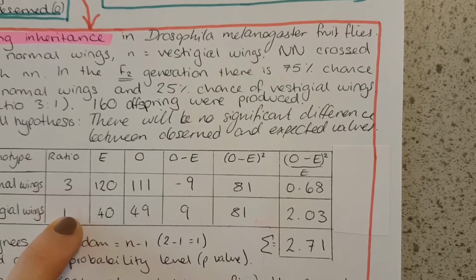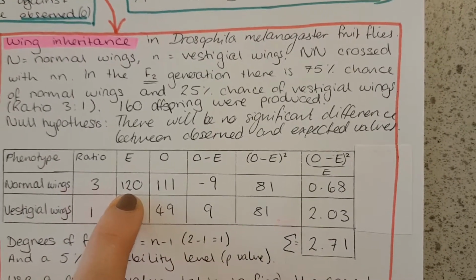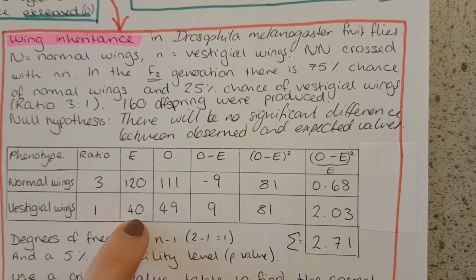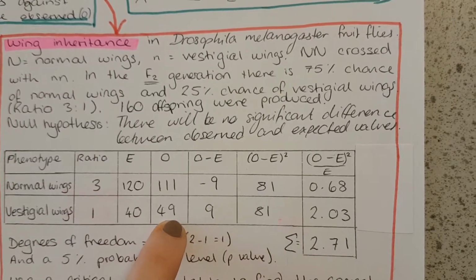And 160 offspring were produced, so you'd expect 120 normal wings and 40 vestigial wings out of 160. But what was observed was 111 normal wings and 49 vestigial wings.